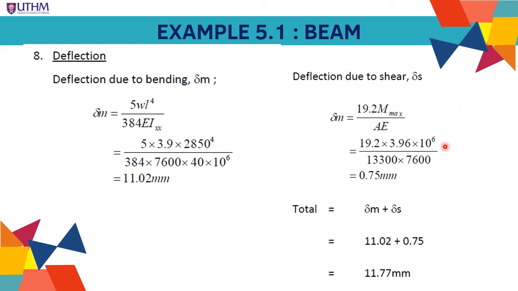For deflection due to the shear, we use 19.2 M max divided by AE. So we get 0.75. So the total deflection is deflection due to the bending plus deflection due to the shear. So we get our total deflection is 11.77 millimeter.